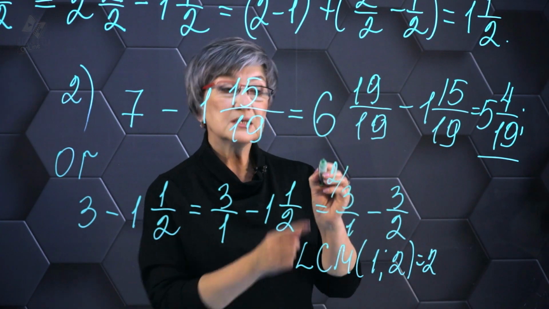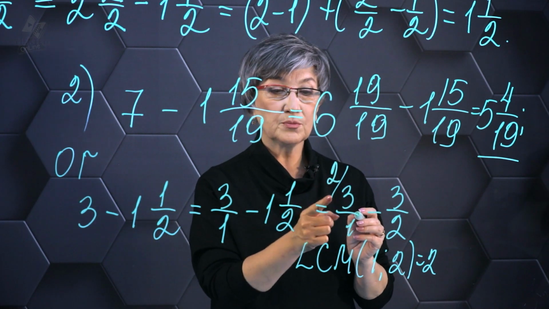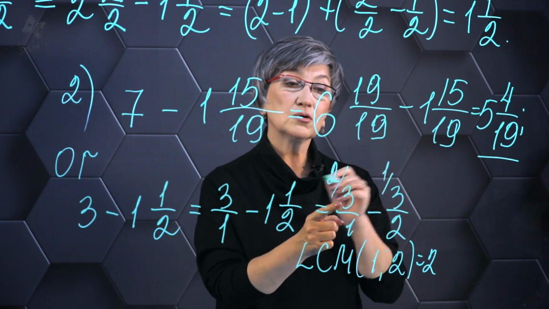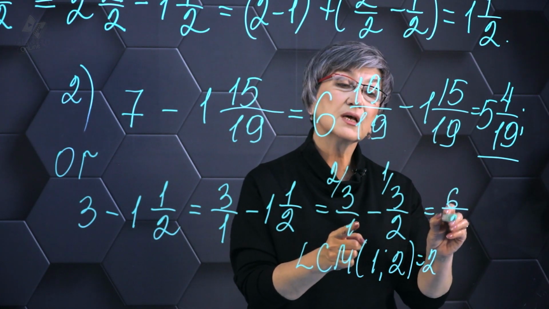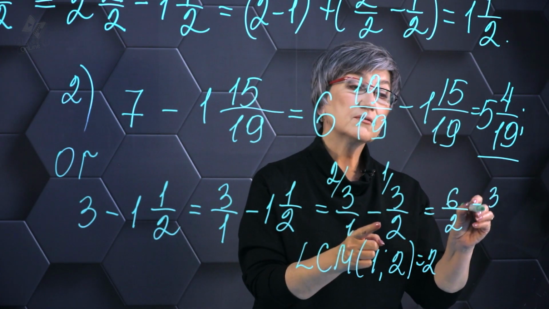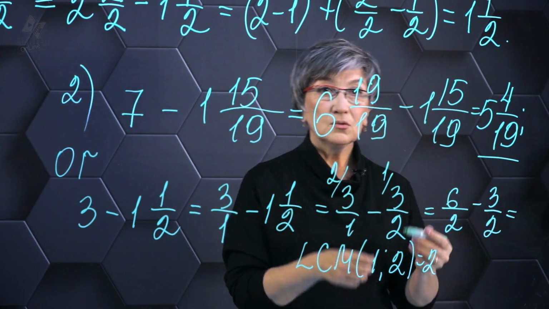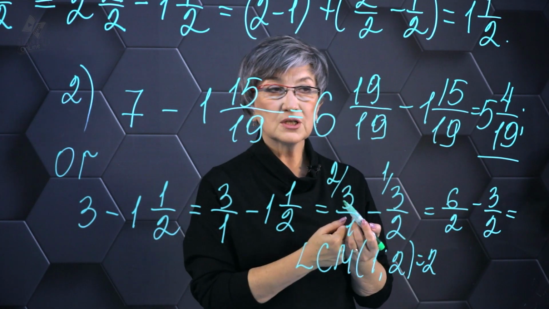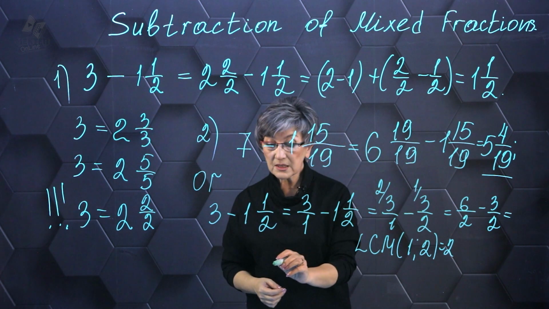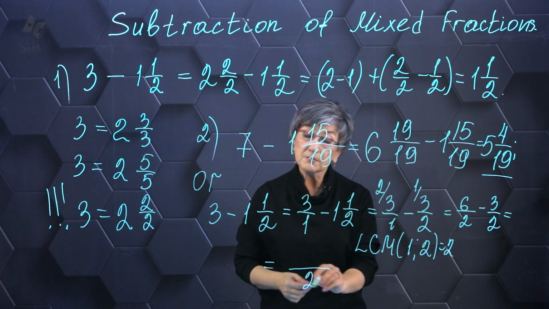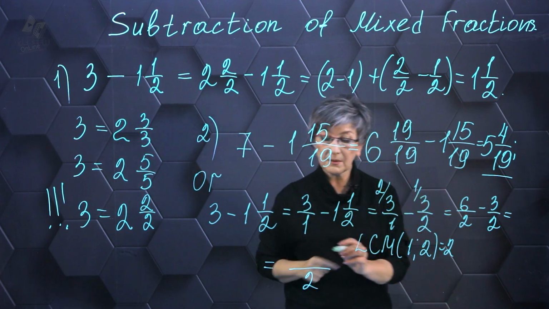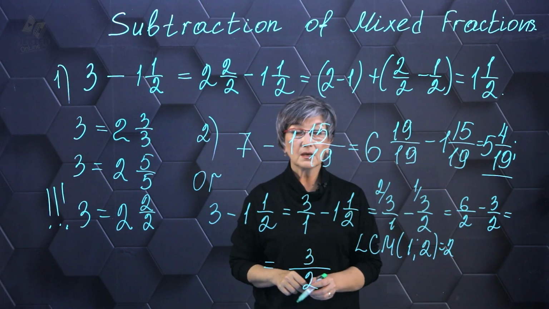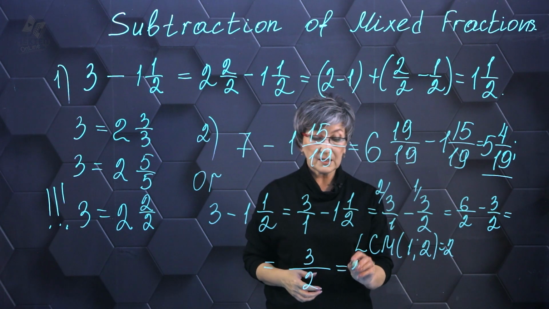Then the additional multiplier of the first fractional number is 2, and the additional multiplier of the second fractional number is 1. The result is 6 seconds minus 3 seconds. And you know how to subtract fractional numbers. As a result, we fix 2 because it is the common denominator and subtract 3 from 6. We get 3 seconds, and 3 seconds is 1 whole 1 second.